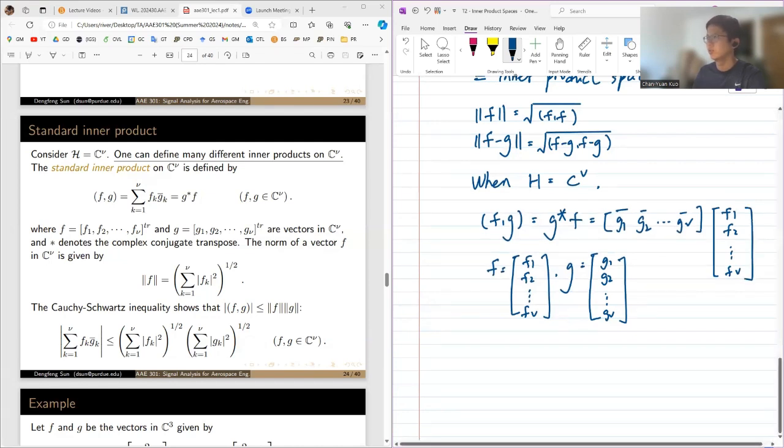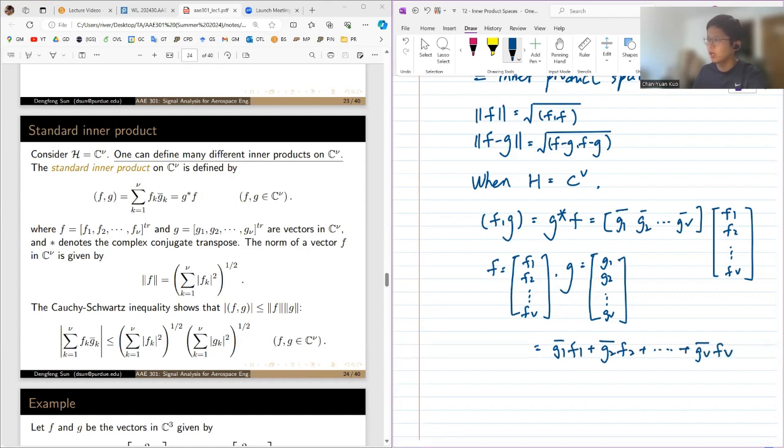And the result will be the complex conjugate of G1 times F1 plus the complex conjugate of G2 times F2 plus all the way to the complex conjugate of G nu times F nu.